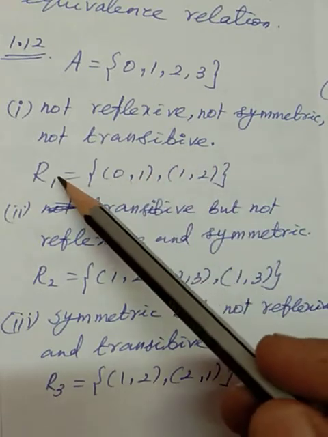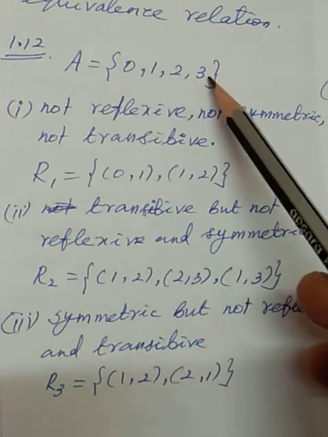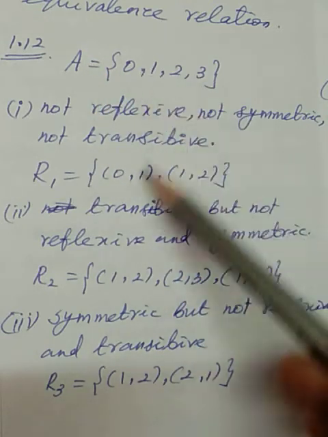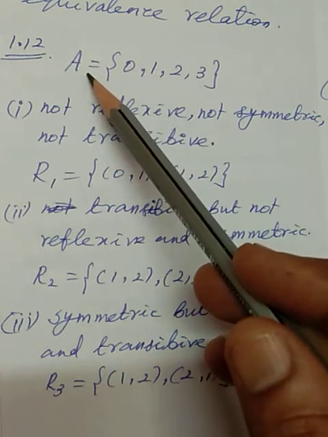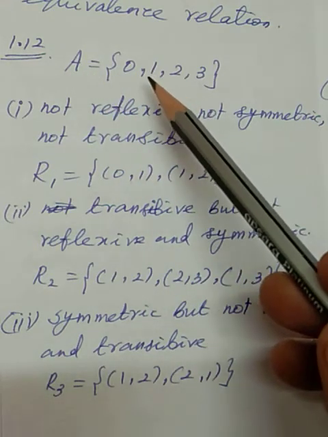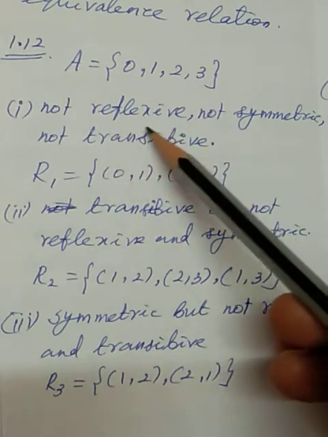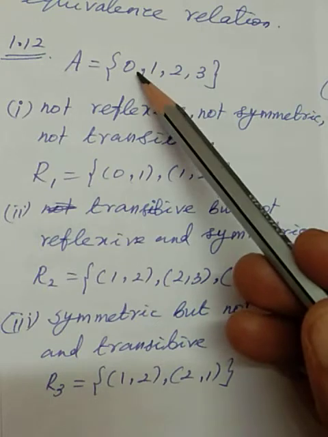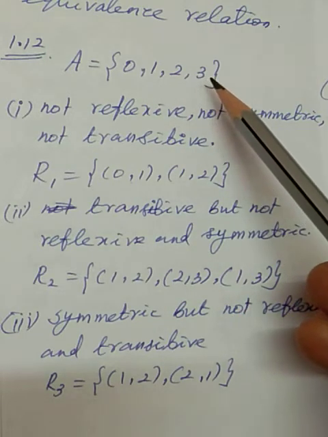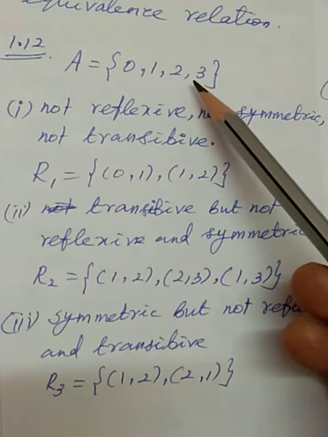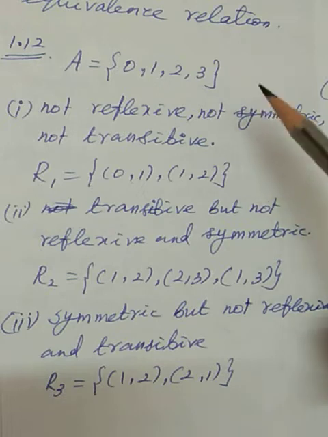So just give an example R1. The elements must be from A. So you take R1, which is a subset of A cross A. In A cross A, there are 16 elements. Now it is not reflexive means of (0,0), (1,1), (2,2), (3,3), any one of these 4 is absent in R1, then automatically it is not reflexive.